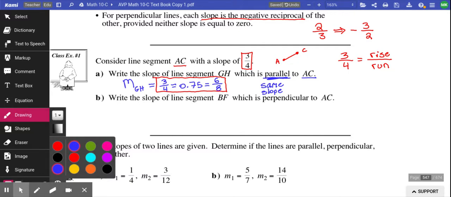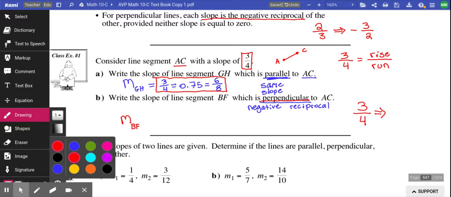Part B, write the slope of line segment BF, which is perpendicular. Perpendicular means negative reciprocal. So if I want my new slope of BF, M meaning slope, to be perpendicular to AC, I need to take the slope 3 over 4 and turn it into its negative reciprocal.